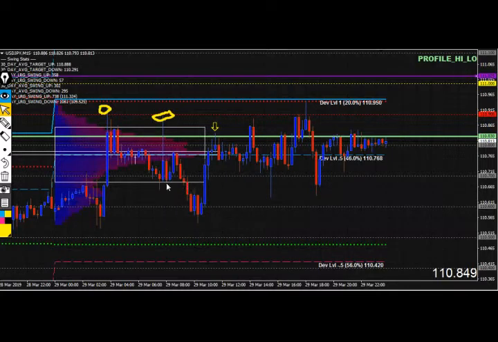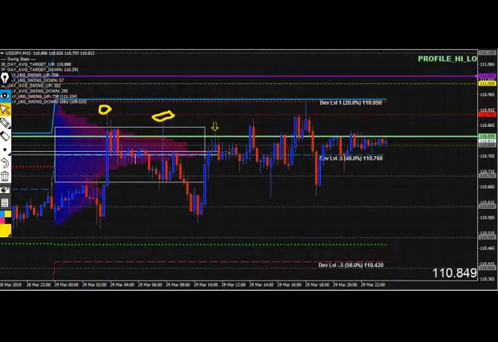It's not going to be the best thing in the restaurant. It's not going to be the best in your trade. So I was playing off the rejections, lower lows, lower highs, and I was setting my target on previous areas where we were consolidating, that little zone right there.